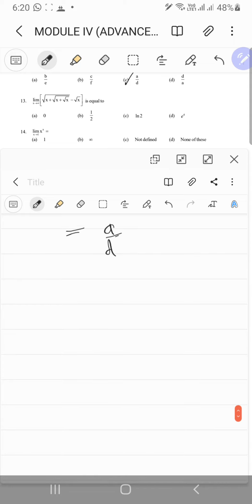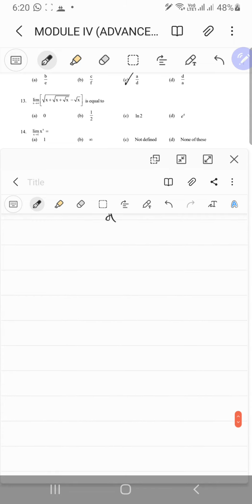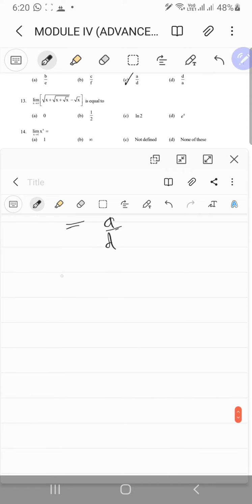So the next question, this is very very obvious. Next question is limit as x tends to infinity of this thing, which is equal to square root of x plus square root of x plus square root of x, okay, minus the square root of x. So this is basically an infinity minus infinity situation. What should we do? I think we can do it like that. So this is going to be square root of x, square root of 1 plus 1 upon the square root of x, right?